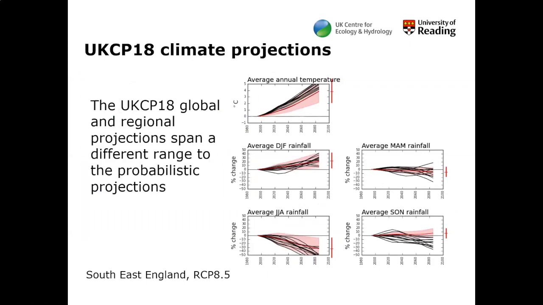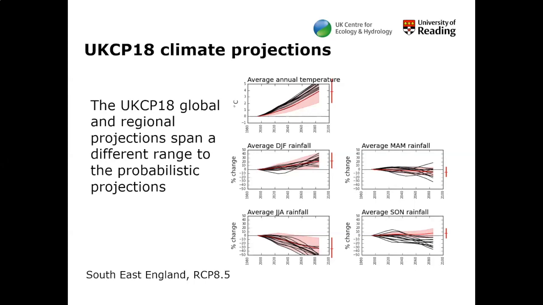One thing that is worth noting, and one thing that has relevance that we'll see later on in the project, is that the global and regional strands, as the UKCP18 call them, have extra information, they have spatial coherence, they have lots of information that the probabilistic projections don't have, but they don't necessarily span the same range of uncertainty as the probabilistic projections.